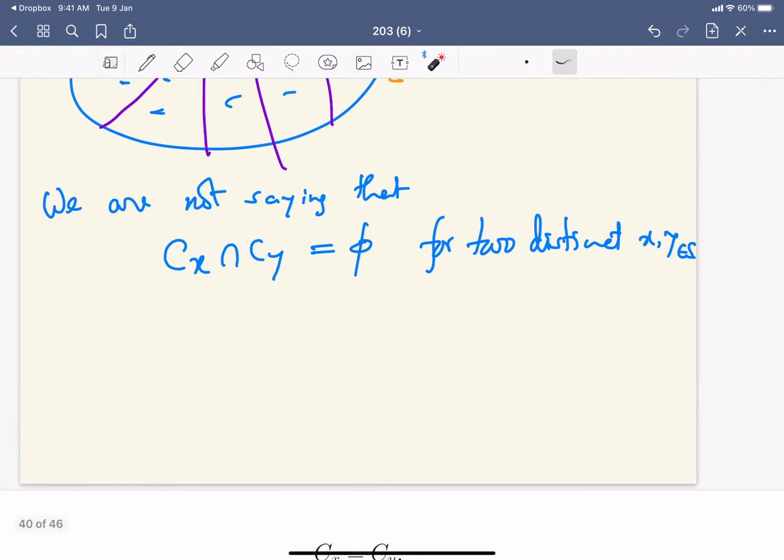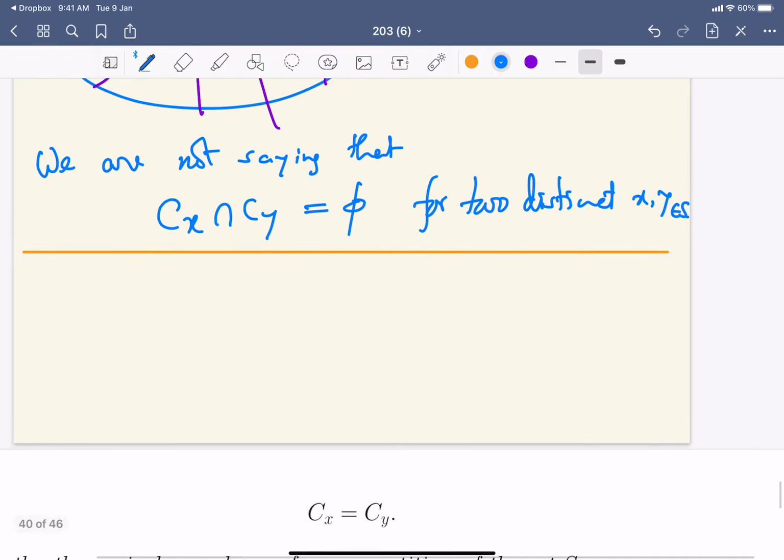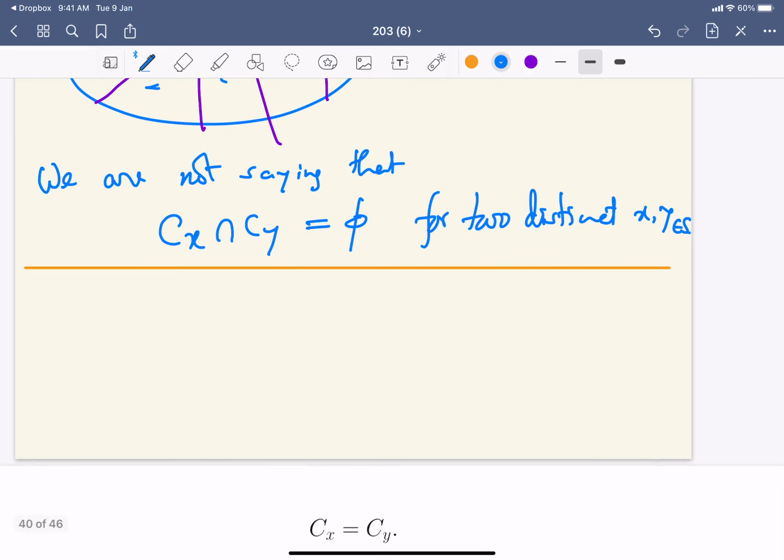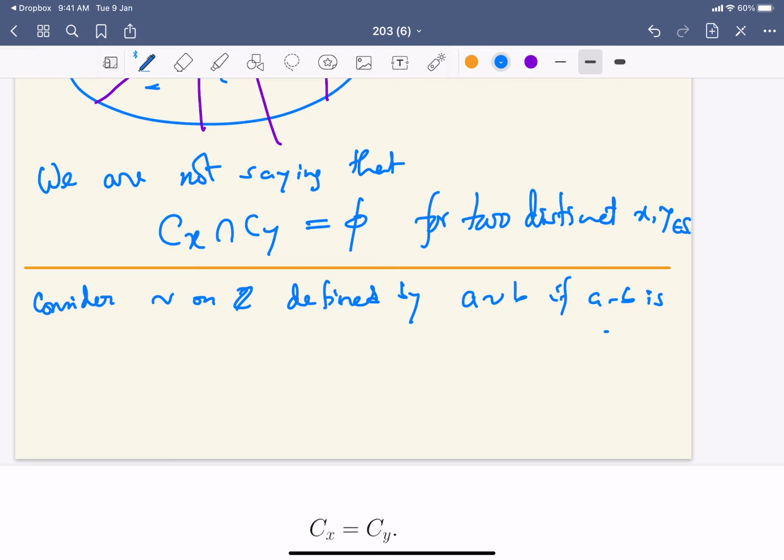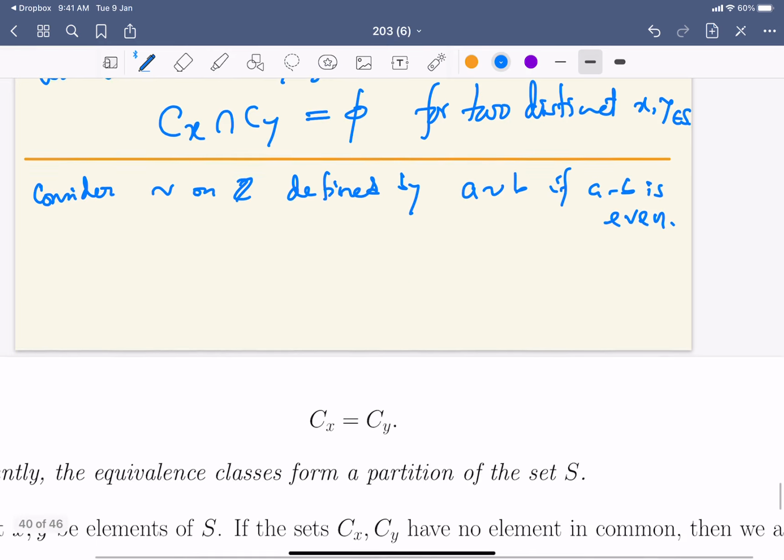Again, one of the first examples of equivalence relation that we learn is congruence modulo n, or this parity one. So consider tilde on Z defined by a tilde b if a minus b is even.